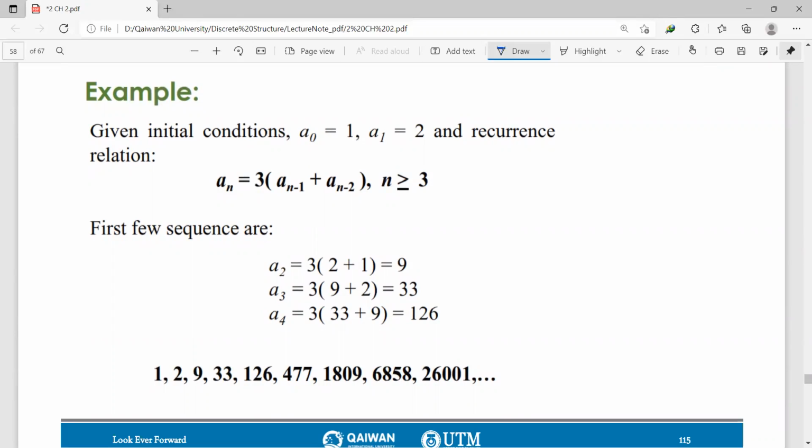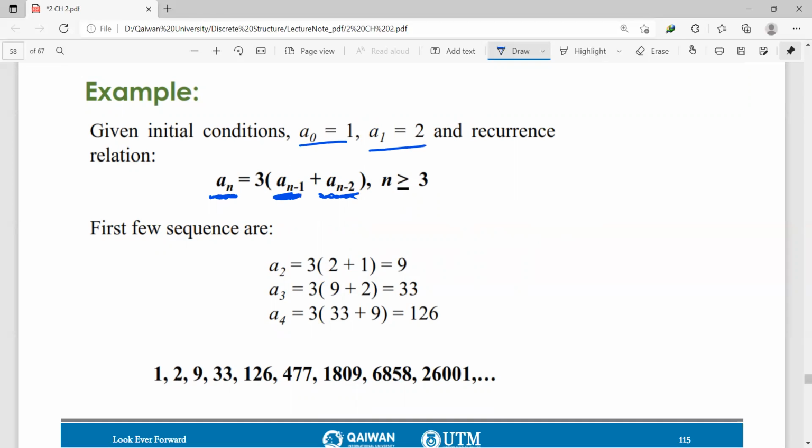And here we have given a recurrence relation in which every element depends on 2 successive previous terms. That means here we must have A0 and A1.